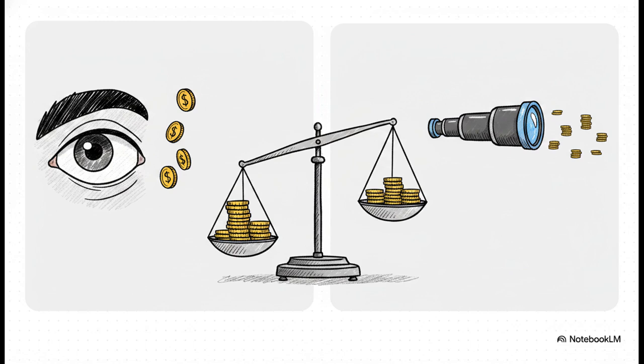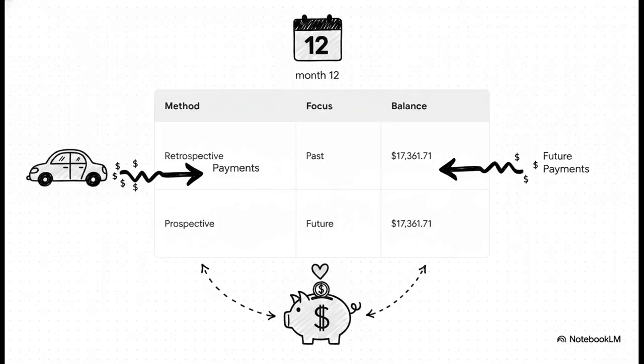It's kind of beautiful. Now, what's really interesting about this is how these 2 methods play out in the real world. Let's look at a concrete example. Say Roger buys a car with a $25,000 loan, an 8.5% interest rate spread out over 3 years. And let's say we want to know his exact balance after month 12. Well, if we use the retrospective method, looking at his past payments, the math spits out exactly $17,361.71.